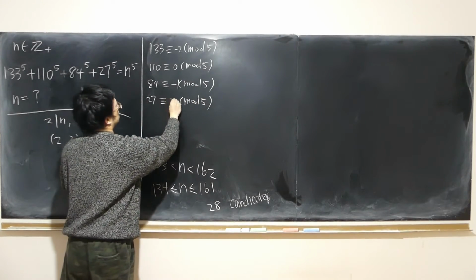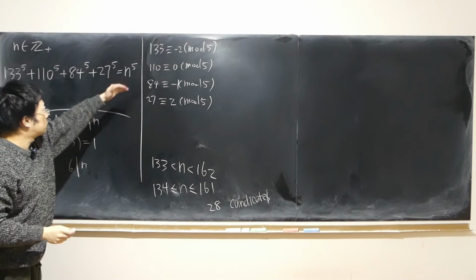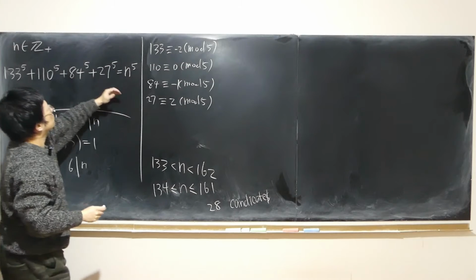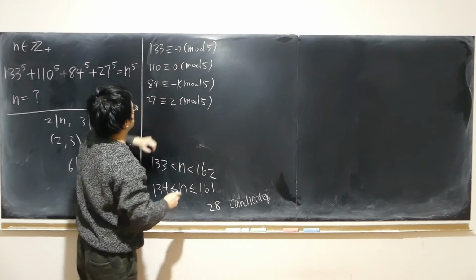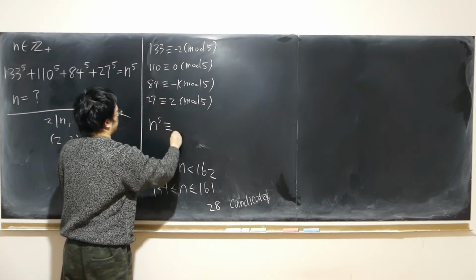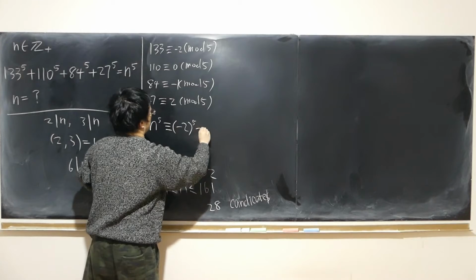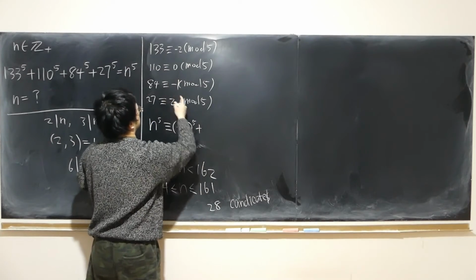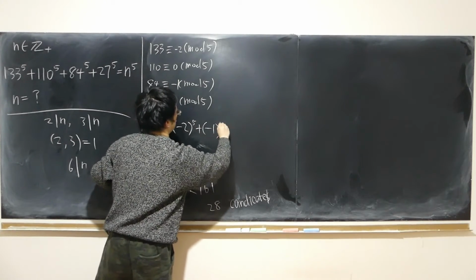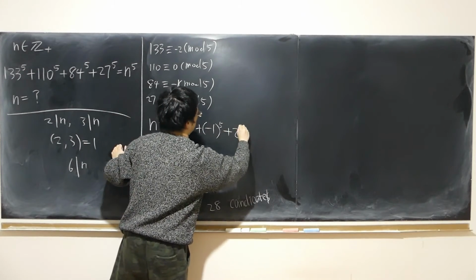I think it's 2. Right? So all we have to do is raise to the power of 5. Right? 5, 5, 5, 5. So, in other words, n to the power of 5 must be congruent to -2 to the power of 5 plus 0 plus -1 to the power of 5 plus 2 to the power of 5.